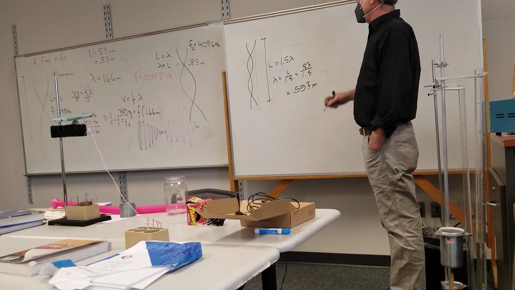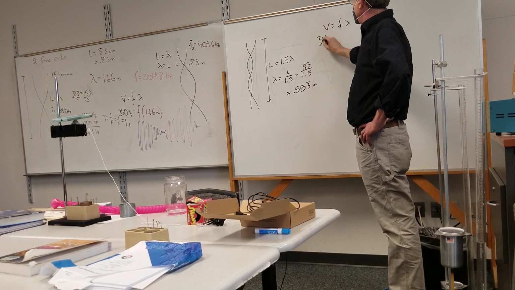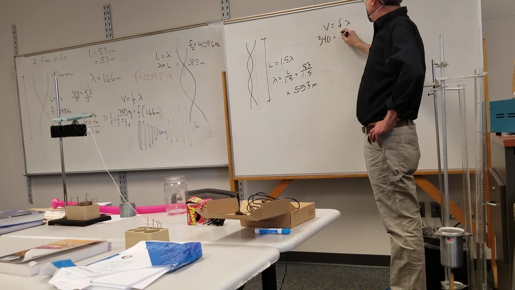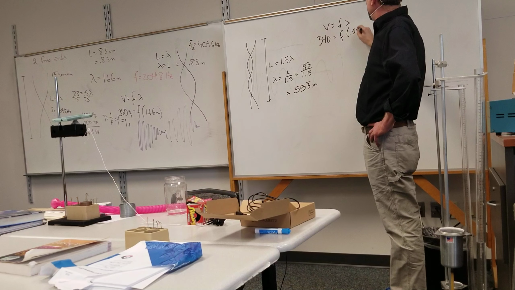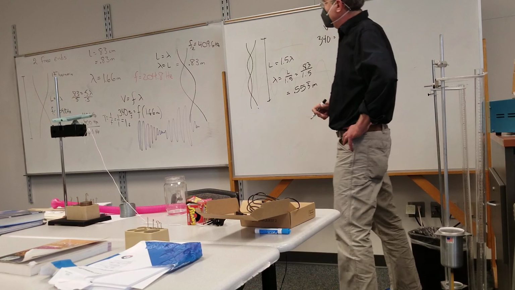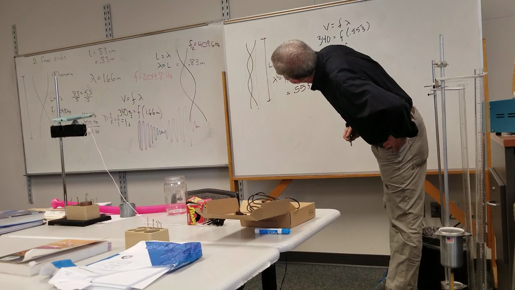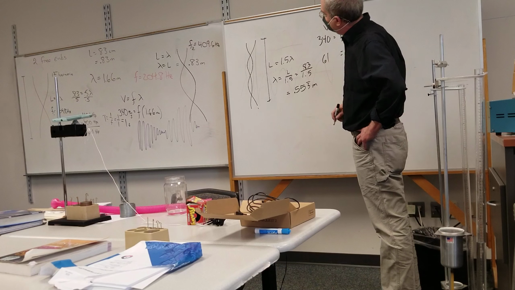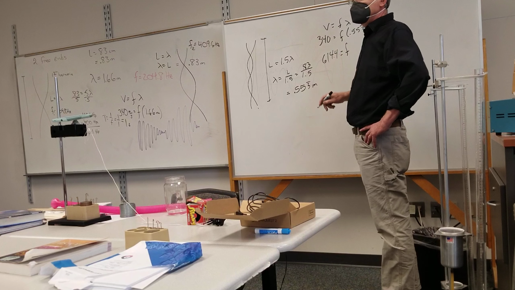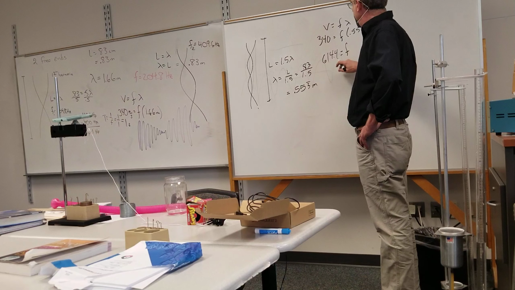Now let's figure out the frequency that we should hear. Again, we're going back to the speed is equal to the frequency times the wavelength. I have 340, which is approximately the speed of sound in this room, equals my frequency times 0.553 repeating. And we get a frequency of 614.4-ish. What is it? 0.82, 0.83.